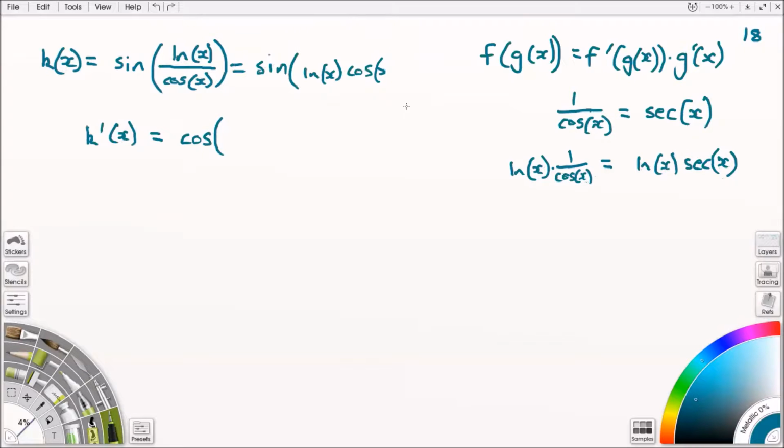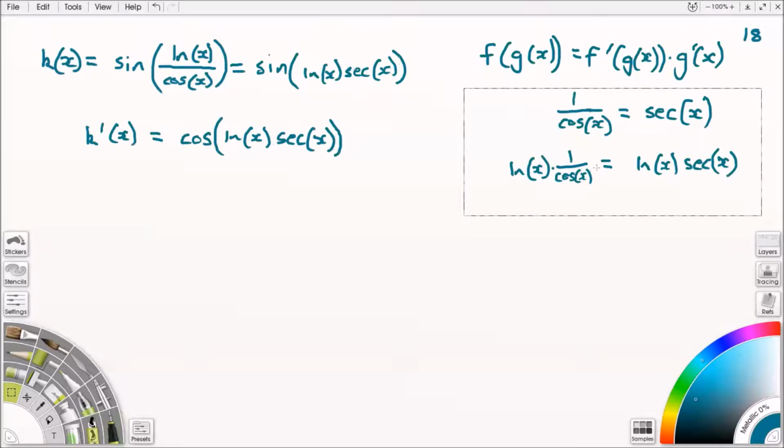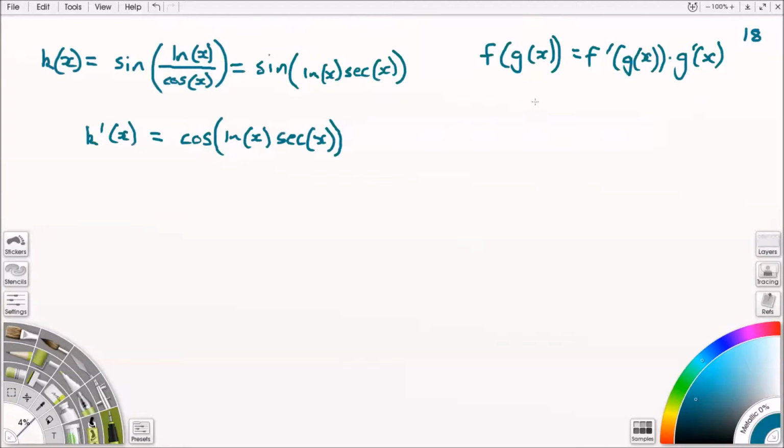There we are. So secant x. Now let's derive that, because this here is going to be a lot easier to derive now, as I find the product rule to be quicker and a lot easier than the quotient rule, which we're going to write here.